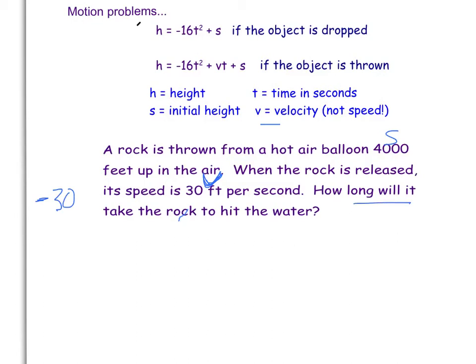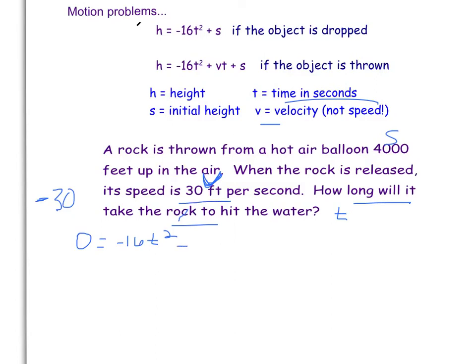How long will it take the rock to hit the water? Remember, t is in seconds. Some of you asked that on the summative assessment. T is in seconds. So I'm going to fill in my numbers. I'm wanting to know when it hits the ground, so when the height is 0, equals negative 16t squared, that's part of the formula, plus the velocity times t.